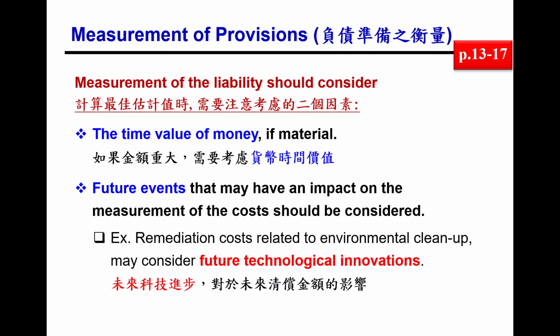When the difference is not that big, we'll skip this part. But if it is material, which means the difference is quite big, the amount is big, then it's better you consider time value of money because it will make a big difference.